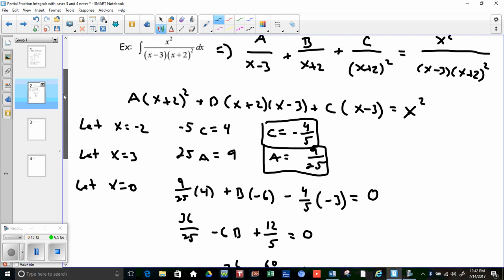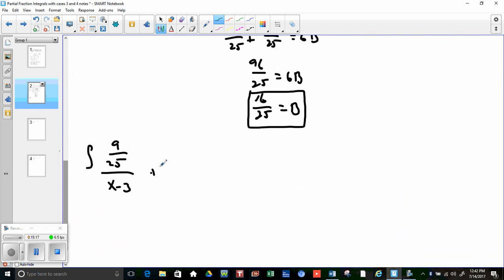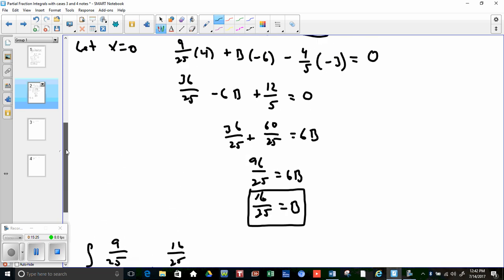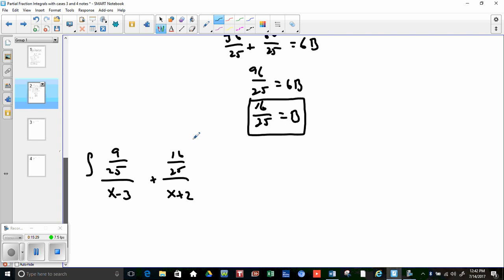B is over x plus 2, and B is 16 over 25 over x plus 2. And C is negative 4/5, and that was over x plus 2 squared dx.